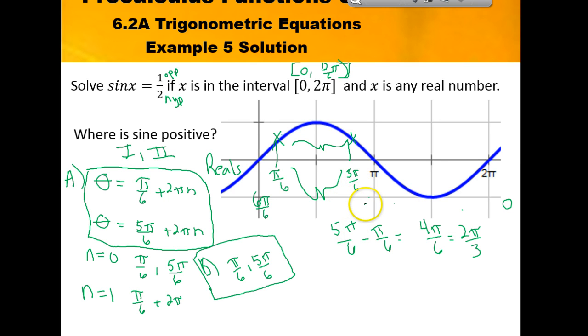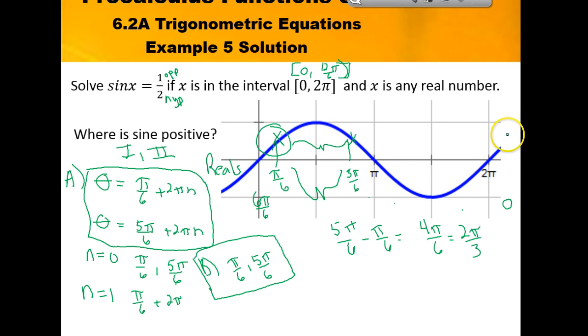So again, to beat a dead horse here, we have to say this first value right here, pi over 6, plus 2 pi n, because this repeats every 2 pi. We know that every single value repeats every 2 pi, because the period is 2 pi.